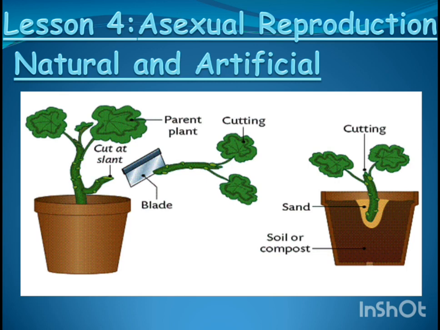Whichever plant you require, you can take it and grow it, so that all the qualities of the parent plant will be in the child. And in these methods the baby plants grow faster. So these are the more important benefits of asexual reproduction. Okay children, so this is about our block.